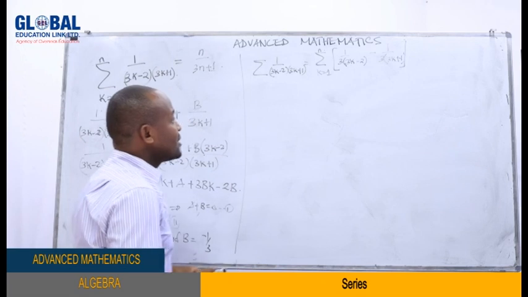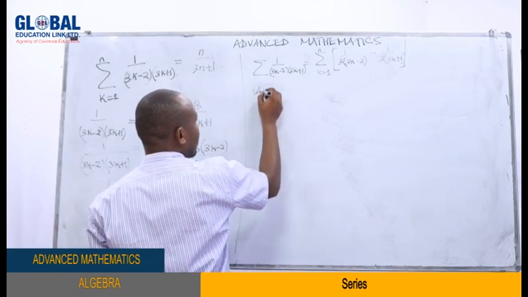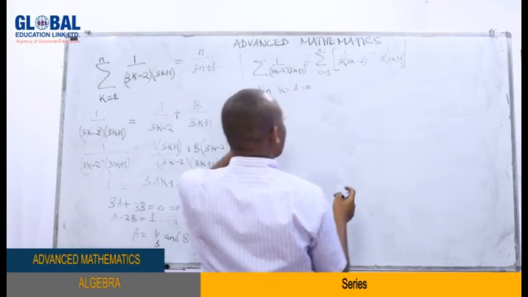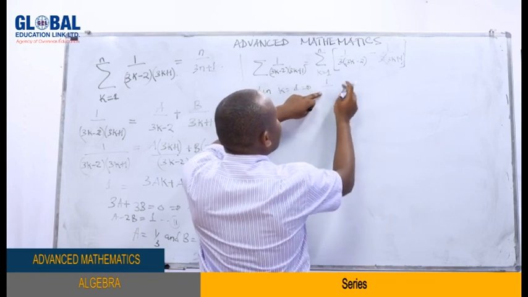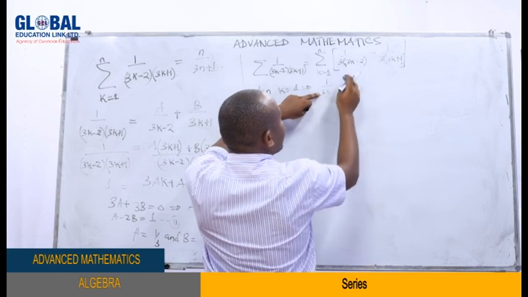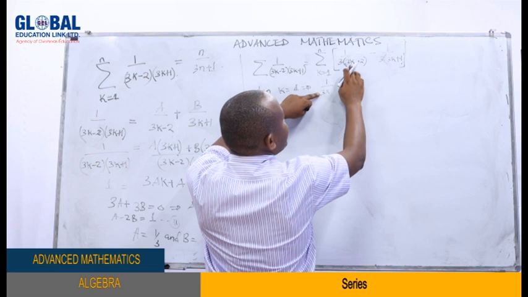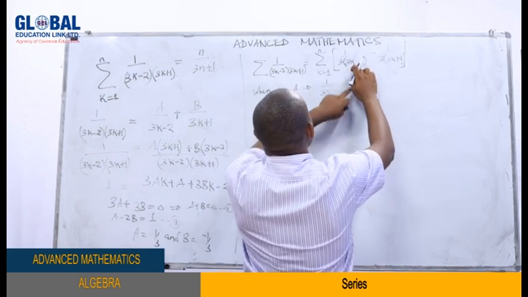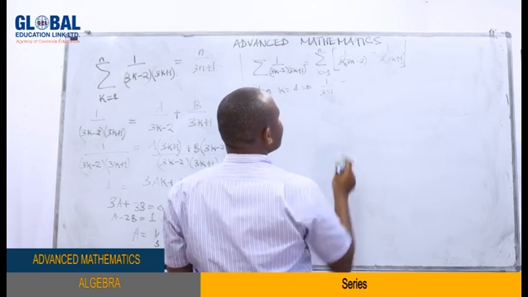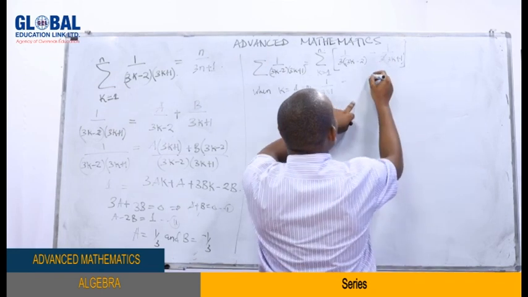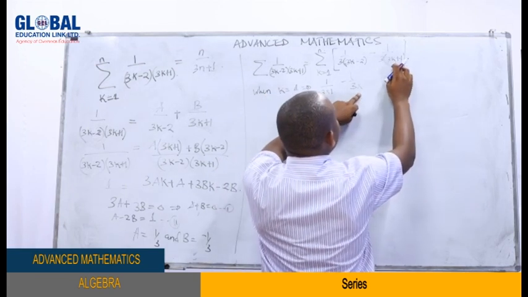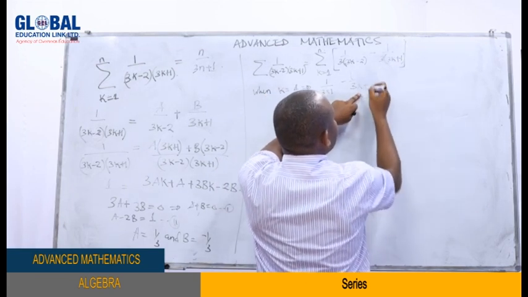So let's do this as we did in the previous example. When k is equal to 1, it implies that we are going to have 1 over 3 times, if you put there 1, 3 minus 2 is 1. Then minus, if you put there 1, 1 over 3 times, putting there 1 plus, that will be 4.